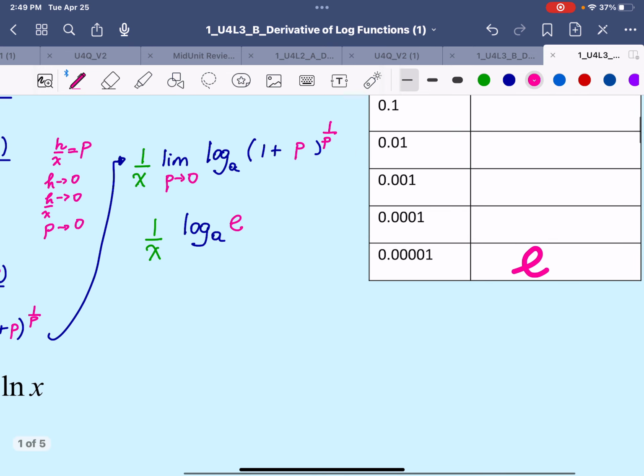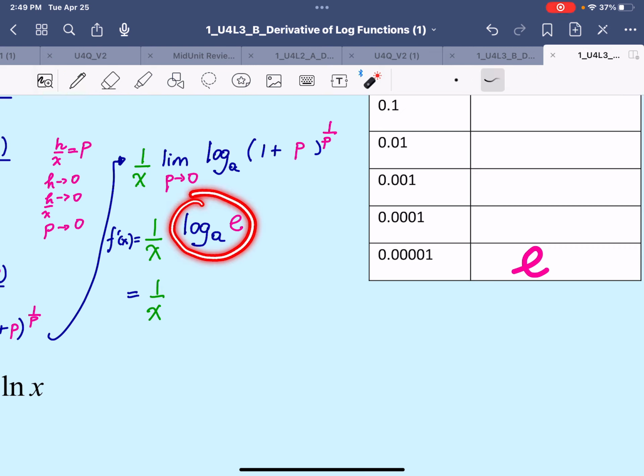So it seems that the derivative of log with base a of x is 1 over x log with base a of e. Still a little bit confusing to memorize it as a formula, so we'll write it in a neater form. So we have 1 over x, and we'll rewrite this log term differently by using what we call the change of base formula.